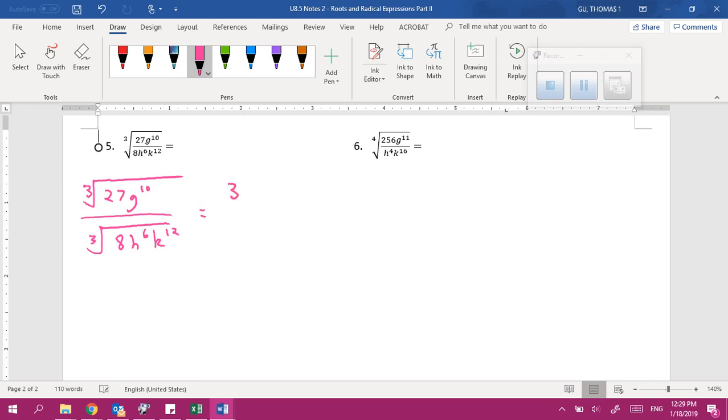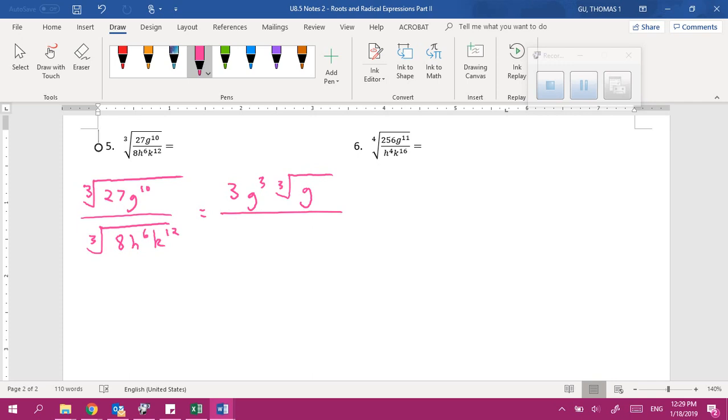So 3. Then what happens with the g? G cubed comes out of the cube root, and then just g is left, right? Okay, that's the top. Now let's find the bottom.